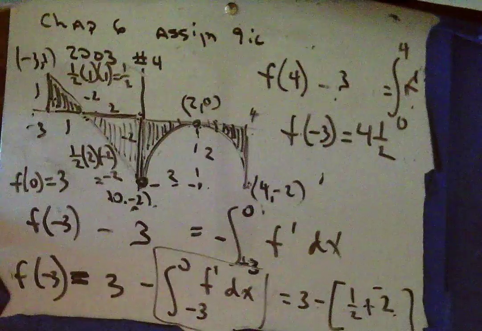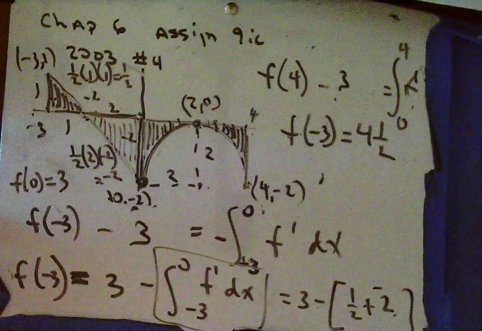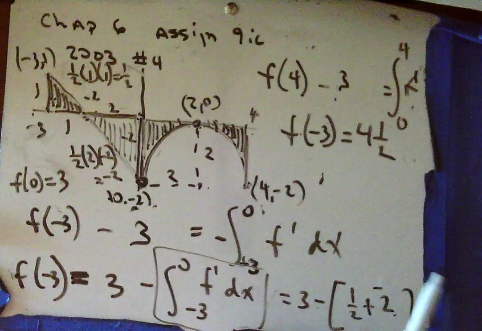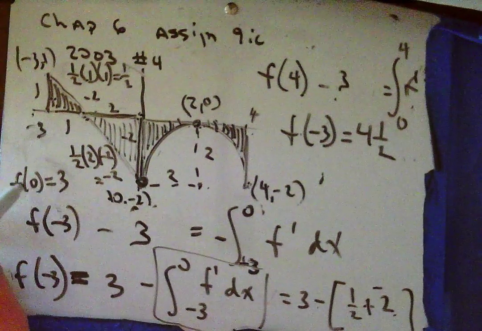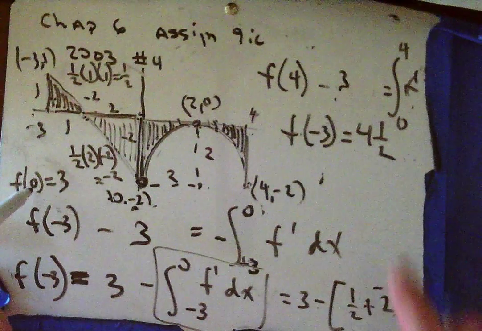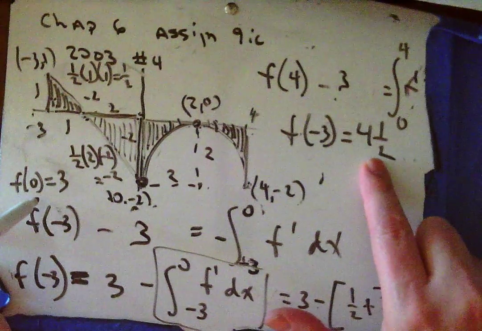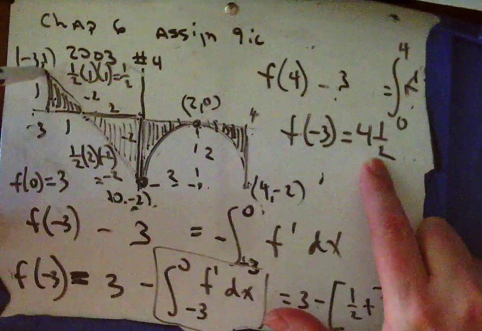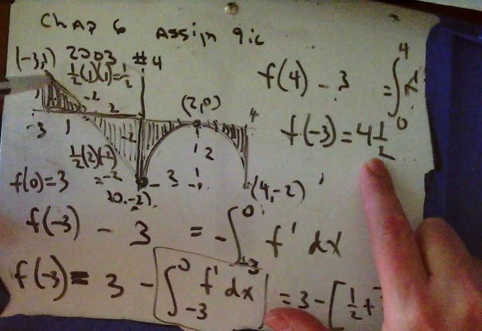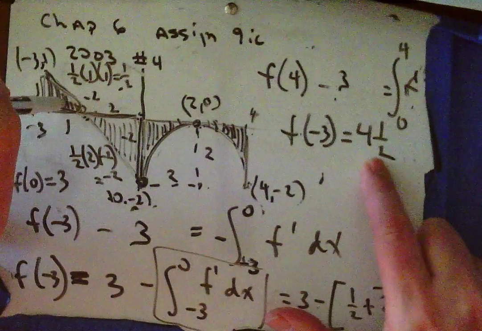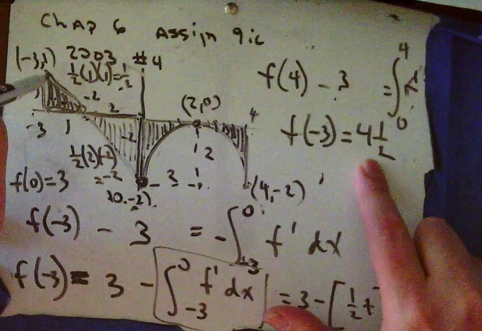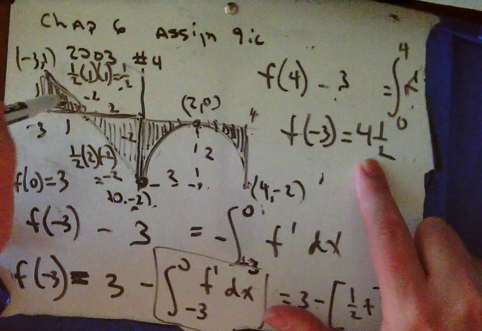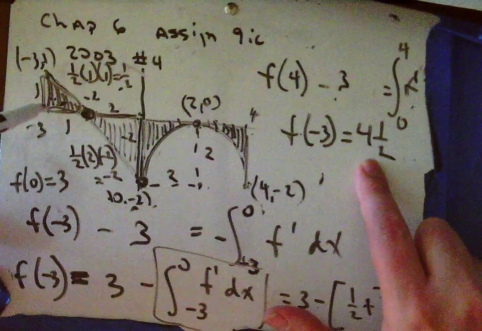Now, let's try out a little experiment, just to sort of confirm this number. Here's what I'm thinking. If f is 4.5 here, this area, 1/2, brings this number up to 5. So I was at 4.5, I added a half, now I'm at 5 by the time I get here.